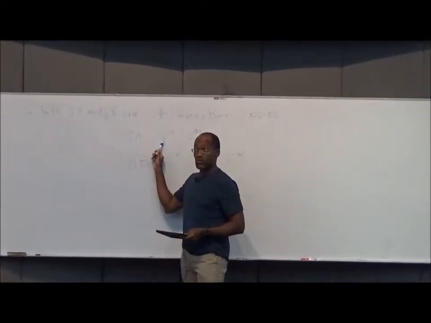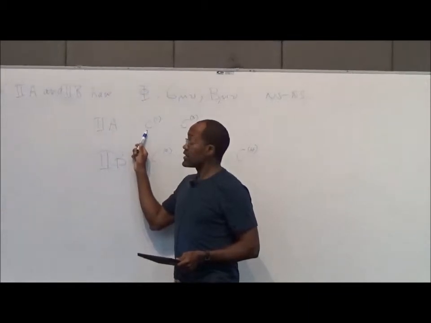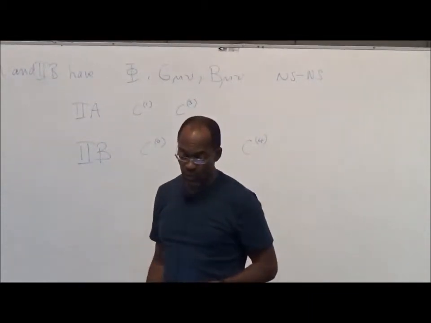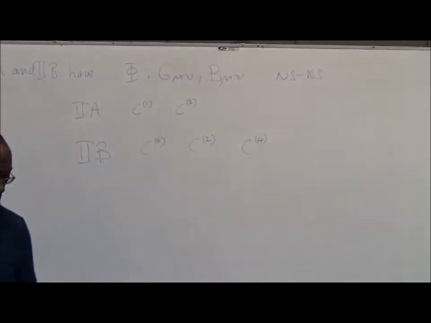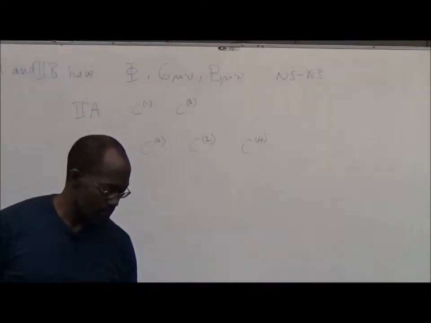Then I can Hodge dualize and form a dual field strength, which in turn is the derivative of some other antisymmetric tensor field.